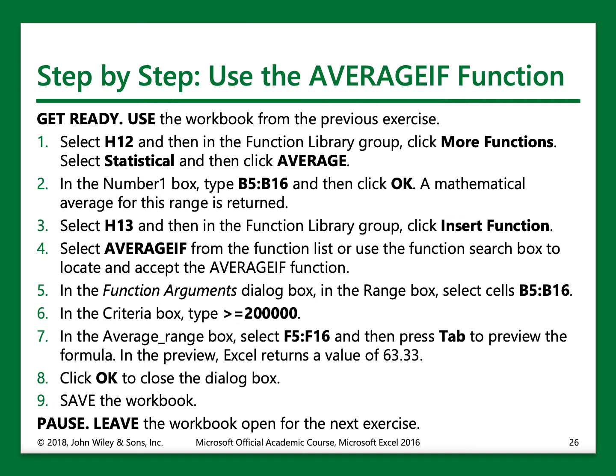So in the function arguments dialog box, in the range box, put in B5 to B16, in the criterion box, greater than or equal to 200,000. And then in the average range box, you select cells F5 to F16. So that will be the number of days that they're on the market. And then hit tab to get a preview. And Excel should tell you 63.33. So the average number of days that a property greater than $200,000 in value was on the market was 63.33 days.